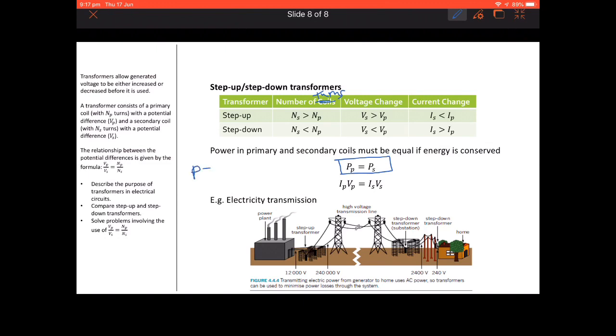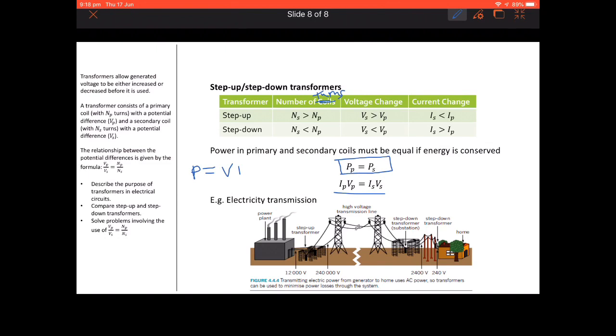Now, the power in both primary and secondary coils must be equal if energy is conserved. The rule for power is P equals VI, so P equals voltage multiplied by current. So whatever the current is multiplied by whatever the voltage is in the primary coil, that value has to be equal to whatever the current is in the secondary coil multiplied by the voltage that's induced in the secondary coil.